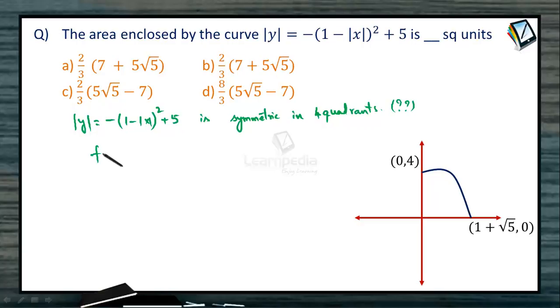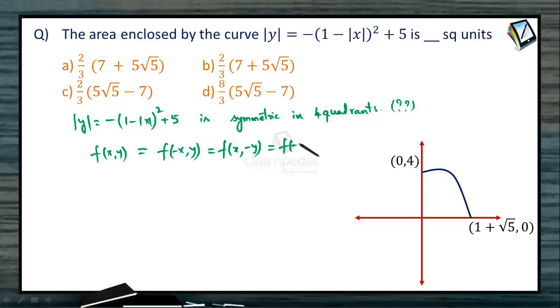Yes, if the function has f(x, y) value same as that of f(-x, y), then we will say the graph in the first quadrant will be same as that of the graph in the second quadrant. Now if this is also equal to f(x, -y), then the graph is symmetric with respect to the x-axis, from first and fourth quadrants.